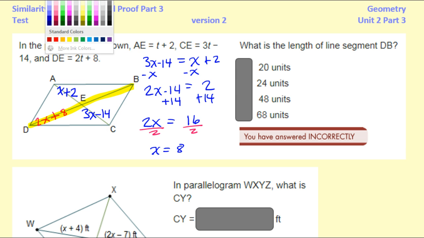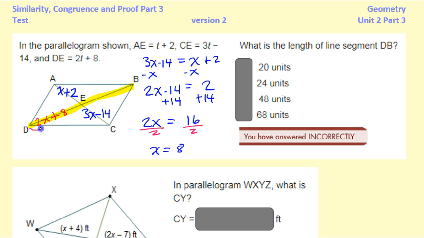Notice that DE is 2x plus 8, and now I know that x is 8. So this is 2 times 8 plus 8, which is 16 plus 8, so that's 24. DE is length 24.